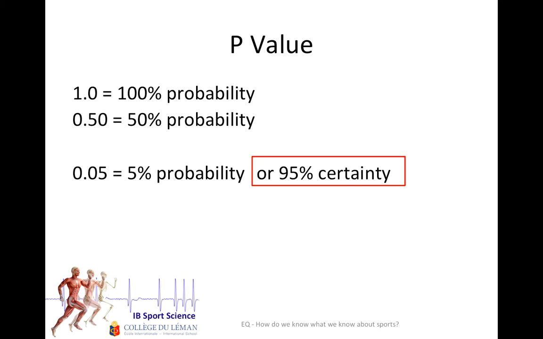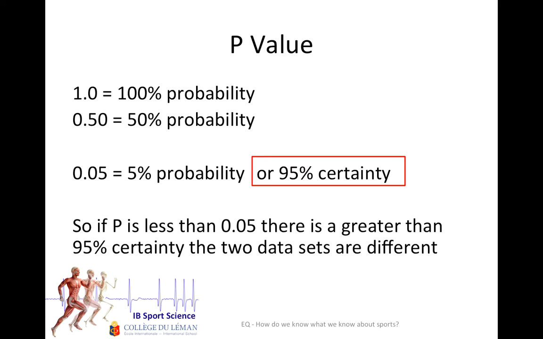Or a 95% certainty in our case, because remember, we're looking for an outlying figure. So we're looking for the chance that figure is lying outside of the 95% normal range. So if p is less than 0.05, there's a greater than 95% certainty that the two data sets are different.